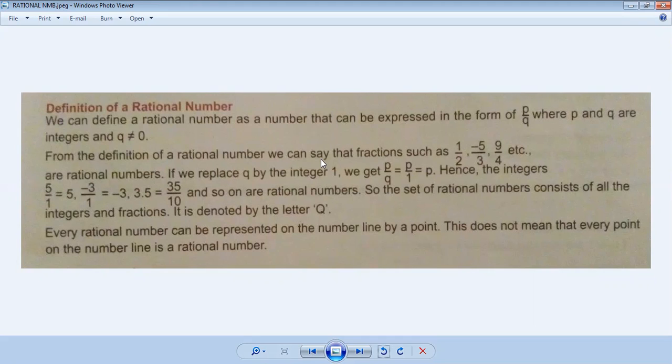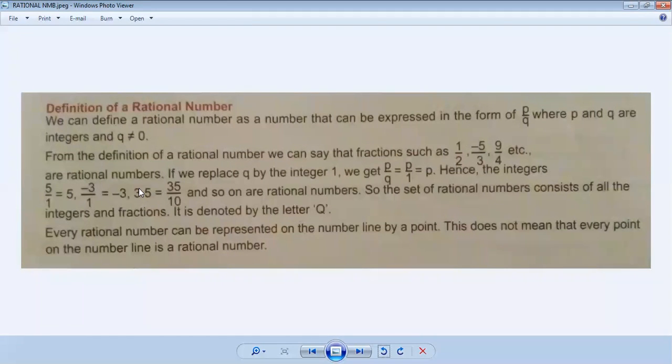So this shows that even the integers, hence 5 upon 1, which is 5, minus 3 upon 1, which is minus 3, and 3.5, which is 35 upon 10, are also rational numbers. In simple words, rational numbers are fractions as well as simple integers.